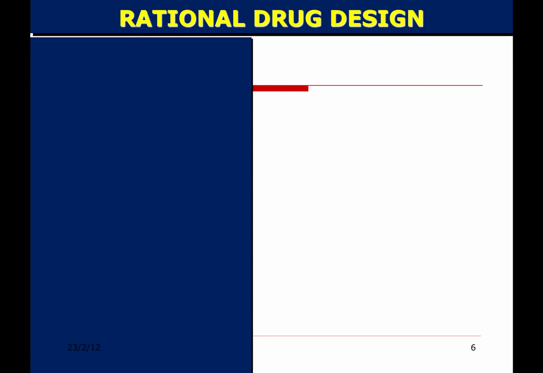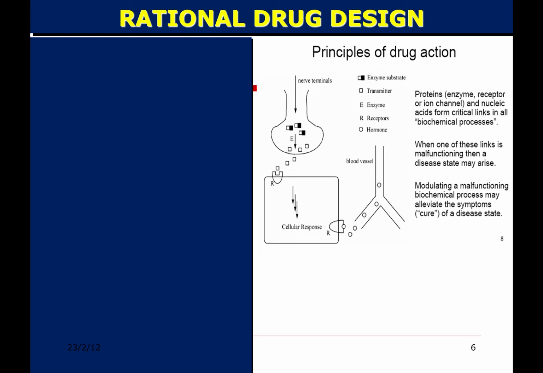Let us understand what rational drug design is. Basically, the enzyme substrates, transmitters, enzymes, receptors, hormones are really critical links in all biochemical processes. And if one of these links is malfunctioning, disease or disorder occurs.